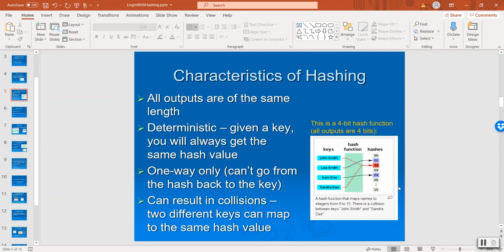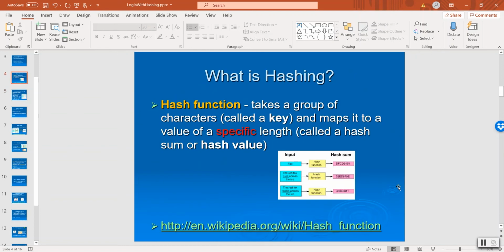As this diagram is showing, you'll notice that it's possible for more than one input to produce the same hash value. A function is going to give you some limited number of possible values as an output. So for example, maybe the hash function was going to give you a number between 1 and 10. Whatever comes in, it's going to do some algorithm that's going to produce some number between 1 and 10.